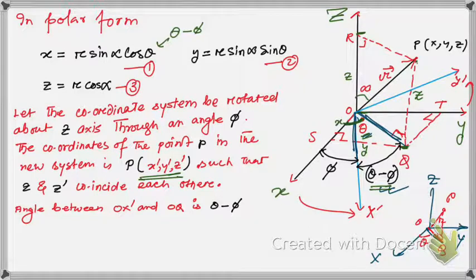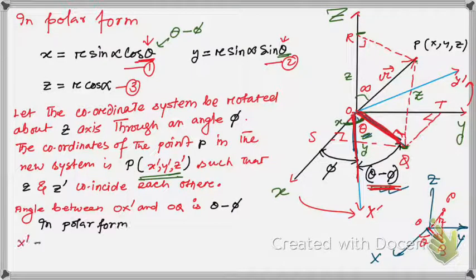That's why we had taken theta, as you can see in equations number 1, 2. Now the angle between the projection OQ and the new x-axis is theta minus phi. That's why we're going to replace theta, wherever we have theta in equations 1, 2 and 3, by theta minus phi, and then we will get the new set of polar coordinates, right?